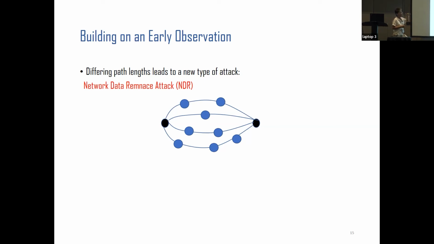We call this the network data remnants attack, because there is a data remnant attack in storage systems. The idea is that data stays in the network and can be captured by the adversary. If you look at the simple case of a 3-3 secret sharing that we have in this system, you can see how the data travels in the network.